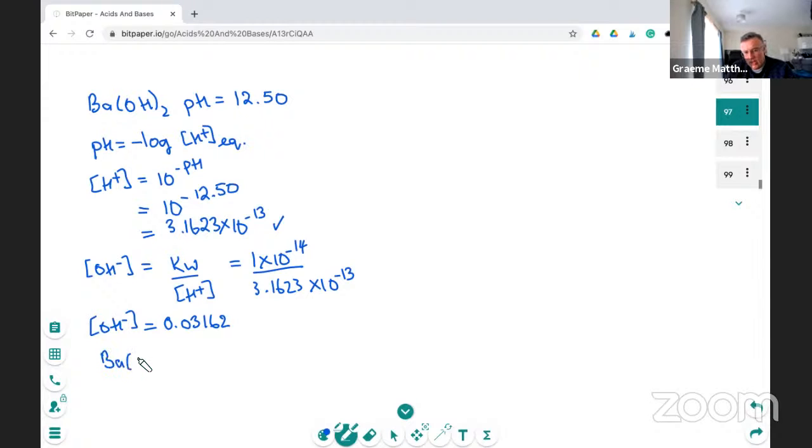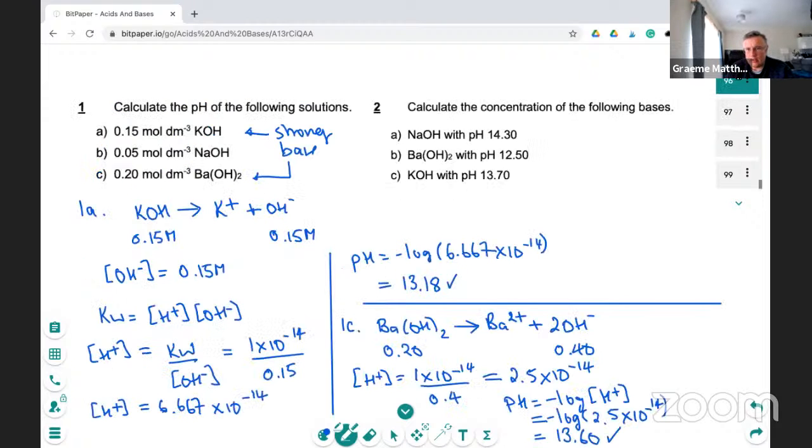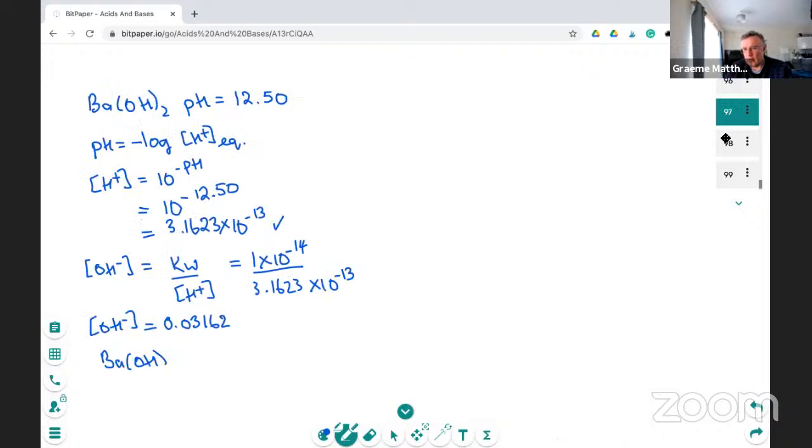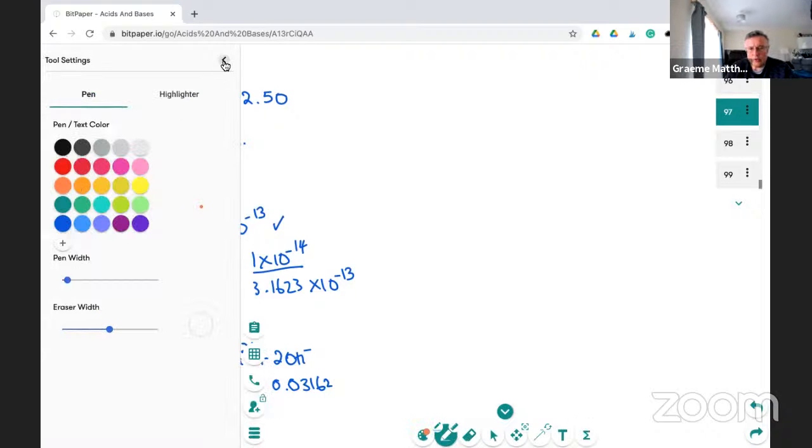Look, what they want is the concentration of barium hydroxide, right? Yeah, it was. I mean, had to check. It goes to barium 2 plus and 2 hydroxides like so. So this is the concentration of the hydroxide. There is a 1 to 2 correspondence. Let me change colors to Syracuse orange here.